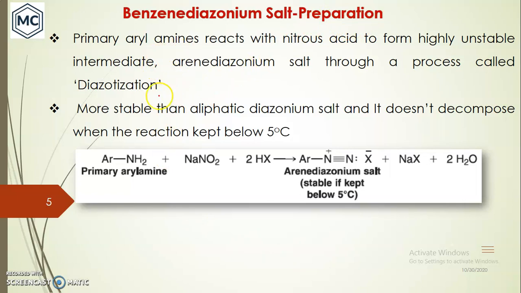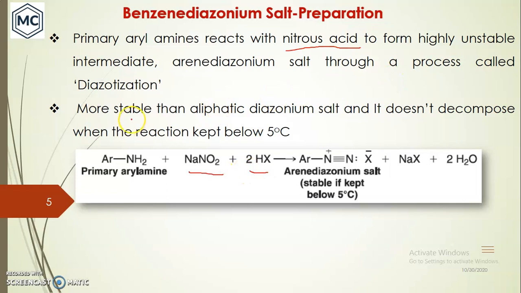How can it be prepared? A primary aryl amine reacts with nitrous acid to form a highly unstable intermediate, the arenediazonium salt, through a process called diazotization. The nitrous acid is prepared by treating sodium nitrite and HCl.